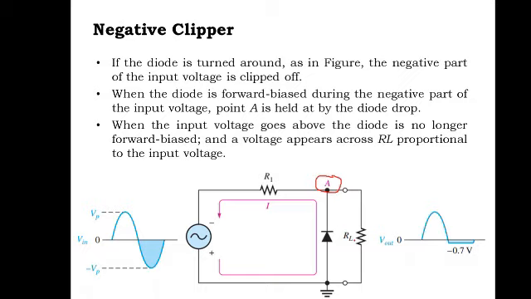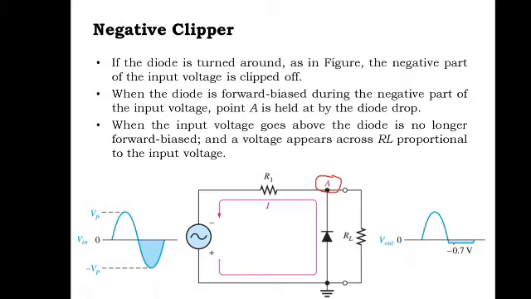The diode is reverse biased, therefore the diode will appear to be open to the load resistor, and the output voltage will be the same as the input, with the waveform appearing exactly similar to the input. During the negative half cycle, the diode will start conducting after 0.7 volt, that means minus 0.7 volt, so only minus 0.7 volt will appear at the output during the negative half cycle.